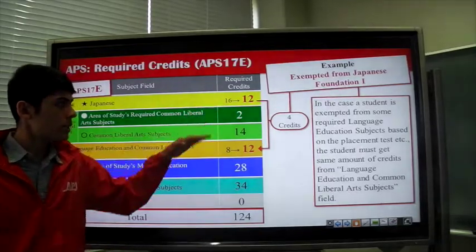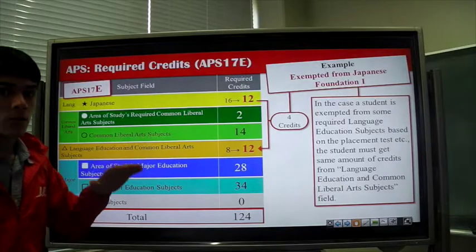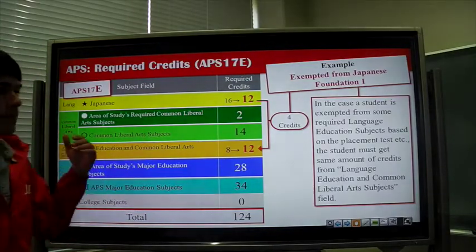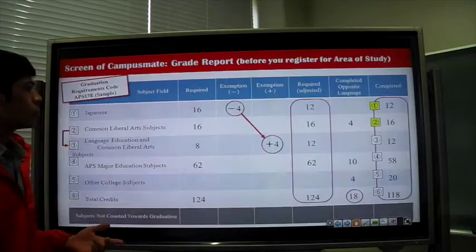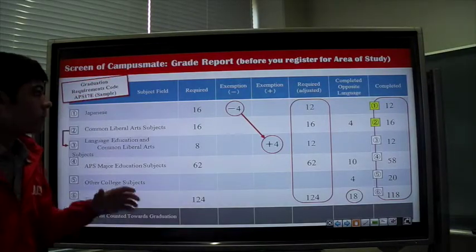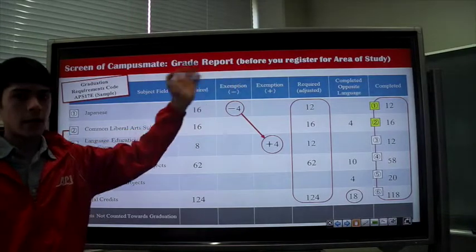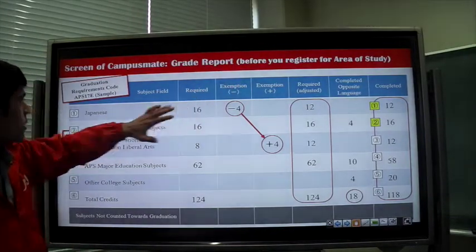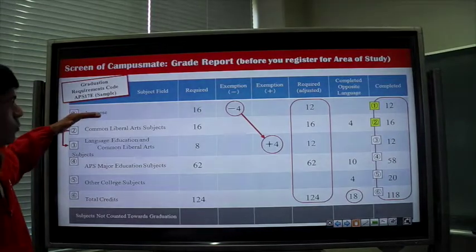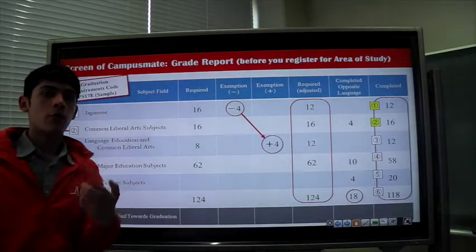So this decreases, and this increases. However, as you can see, the total number of credits does not change. And in your grade report, I'm going to show you this graph. It is a CampusMate grade report sample, before you register to area of study. I will explain it later. As you can see here, the first was 16, and the student got exempted from foundation 1.